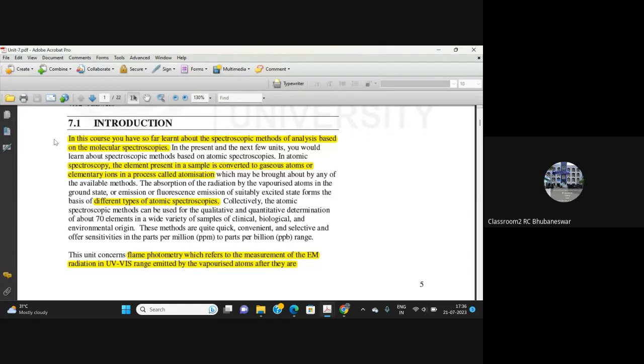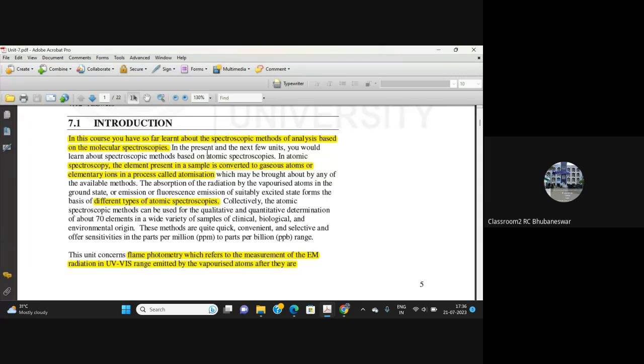Okay, so let's see the introduction part. In this course, you have so far learnt spectroscopic methods of analysis based on molecular spectroscopies. In the present and next few units, I am emphasizing this introduction because for these two classes as well as the next two classes, you will be reading completely about the atomic part.